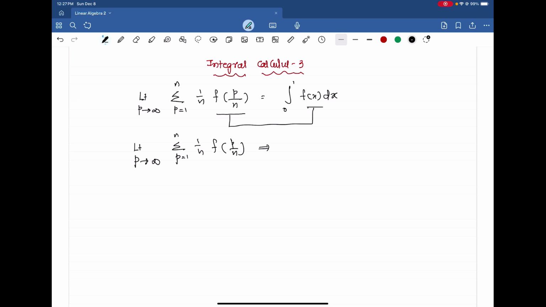We can even replace p with r, that can be rth element in this series. Sigma is nothing but sum of. Adding sum of the pth elements, p starting from 1 to n, up to infinity. Limit p tends to infinity is up to infinity.